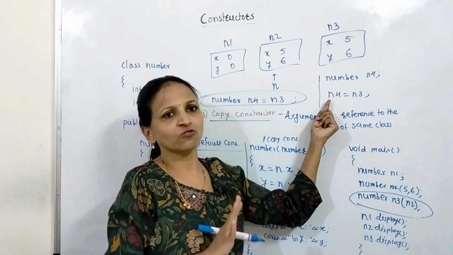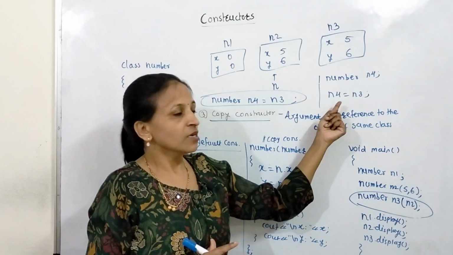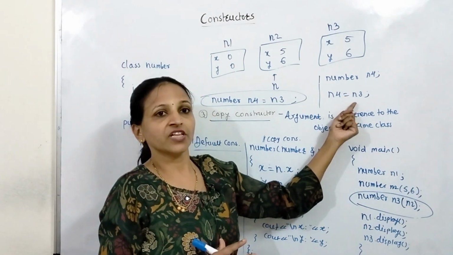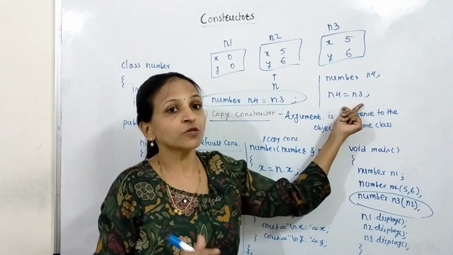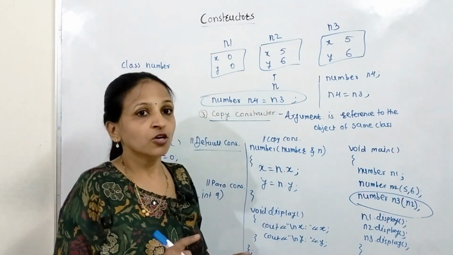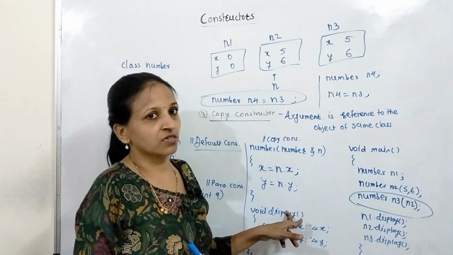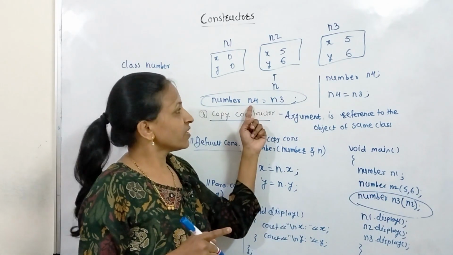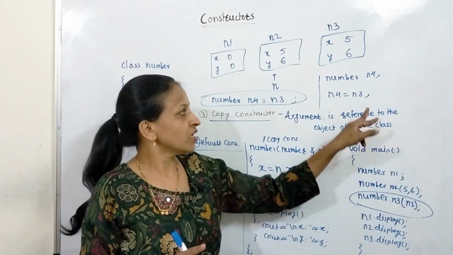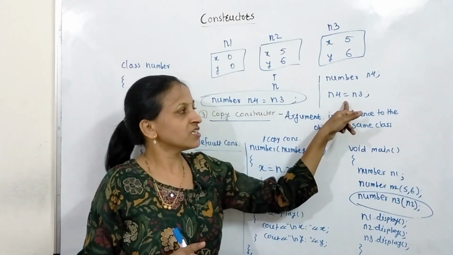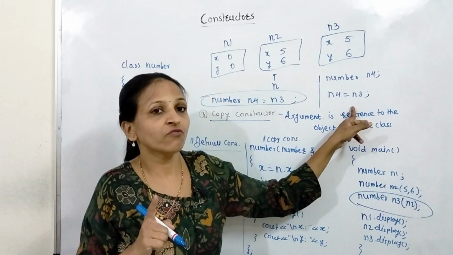Member by member values will get copied. Getting? Means x and y of n3, the same values will be assigned to n4 because of this assignment operator, not because of the copy constructor. Always keep in mind, whenever we write like this or this, then only the copy constructor will be called. Whenever we are doing like this, the assignment operator will work.